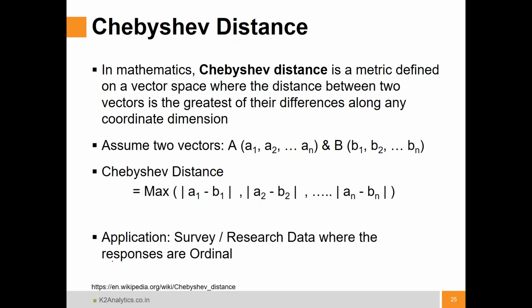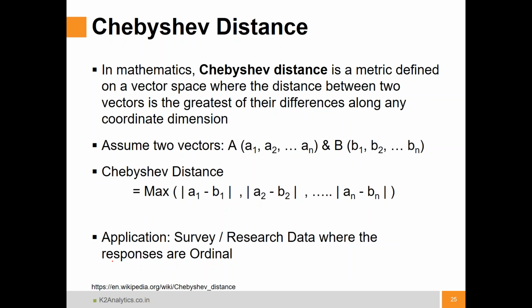What it simply says is, I first find the distance on each of the 4 parameters. So customer 1's parameter 1 minus customer 2's parameter 1. That is the distance between them. So age 30 and 40, distance is 10.